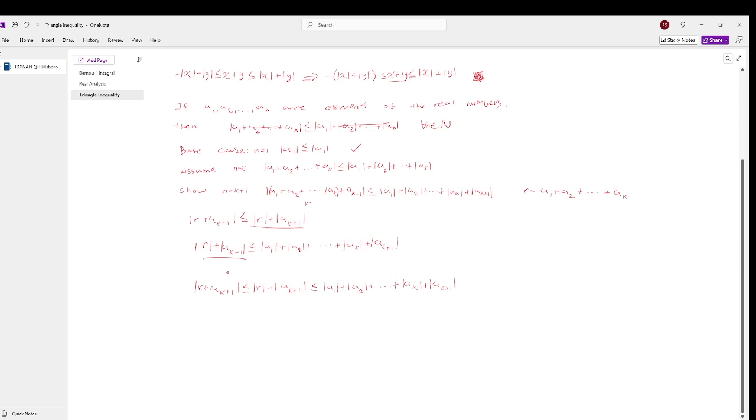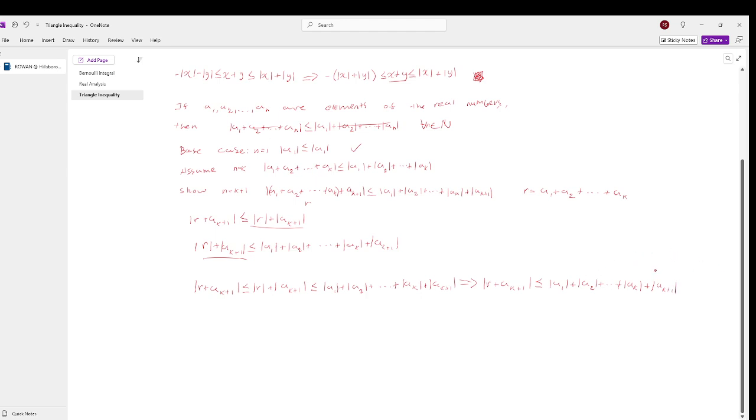Boom. So this leads us to show that the absolute value of r plus a sub k plus 1 is less than or equal to the absolute value of a1 plus the absolute value of a2 plus dot dot dot plus the absolute value of ak plus the absolute value of ak plus 1.